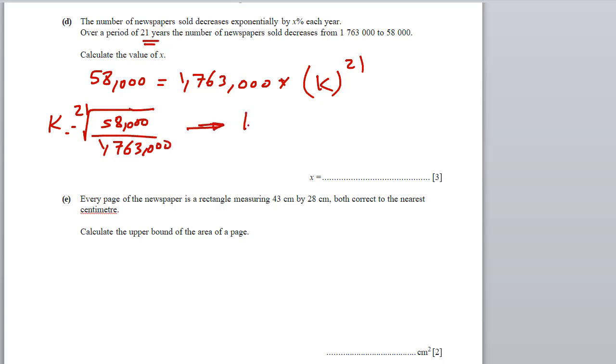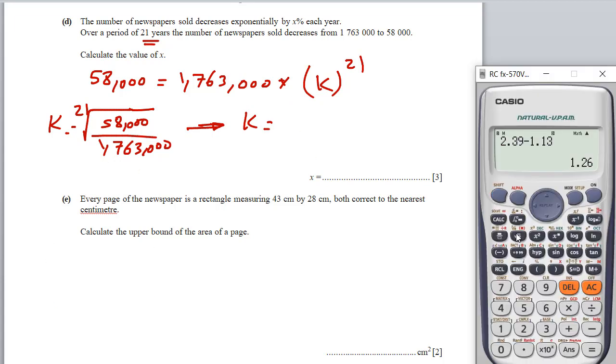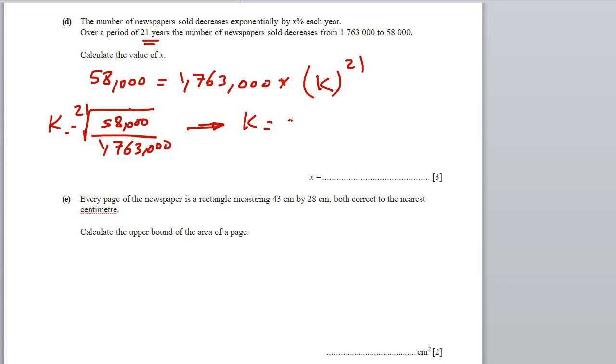So this k is equal to, let us bring out the calculator. Now shift, root, 21, now here 58,000 divided by 1,763,000. So k is equal to 0.85.